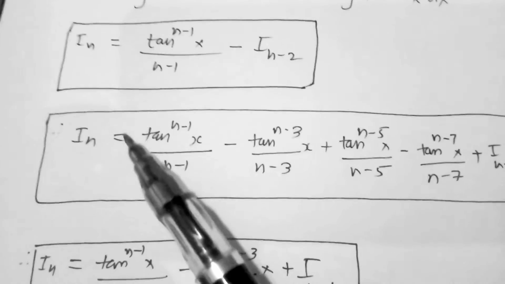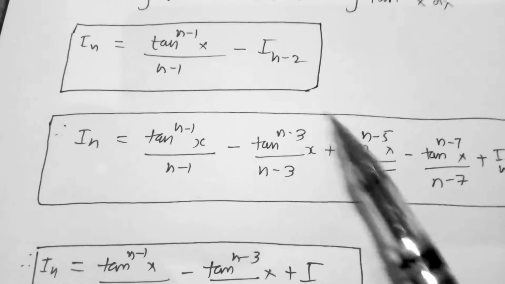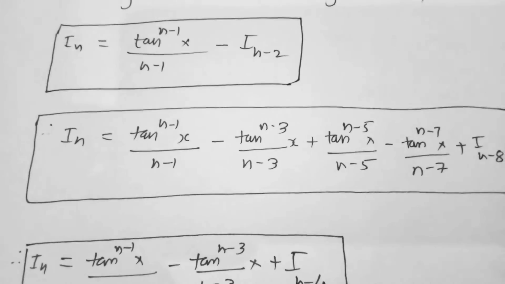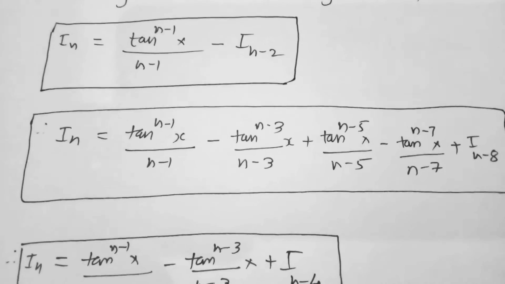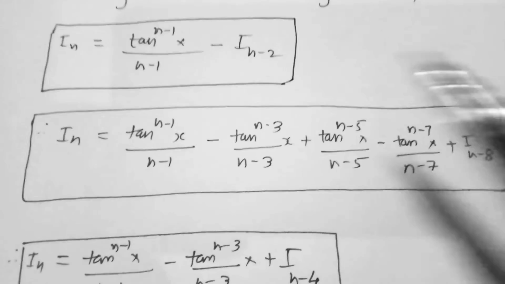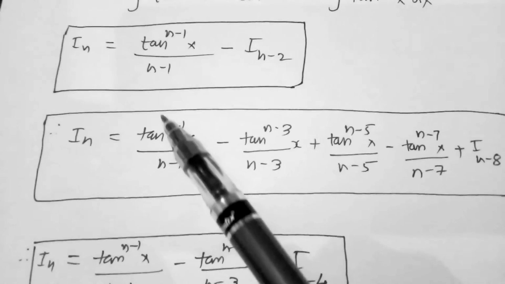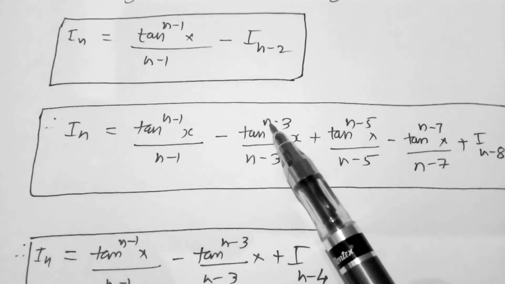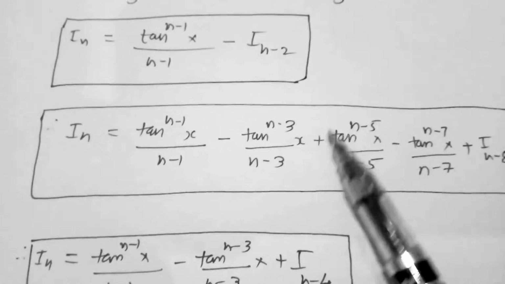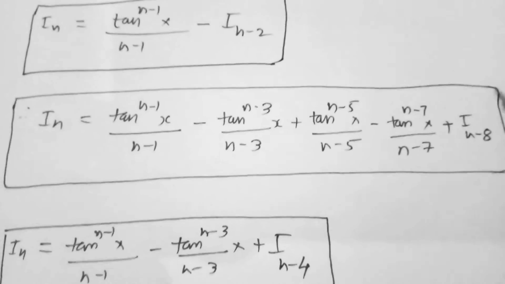And mind it, we started from plus minus plus minus plus minus. That plus minus will go alternatively starting from the plus sign, right? So from here we will just subtract 1 power less, and from here 2 power less. Okay, and plus and minus, plus and minus, and we will continue.